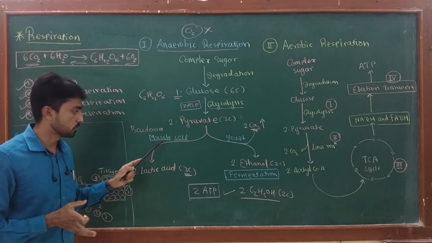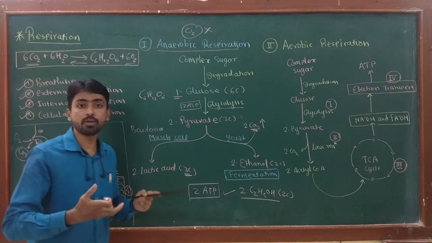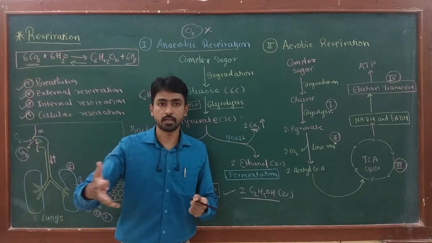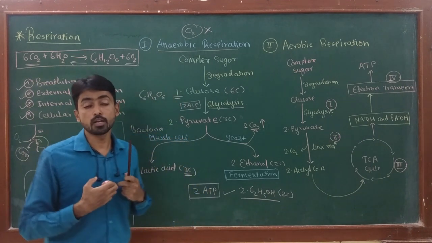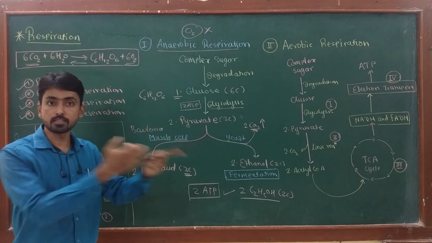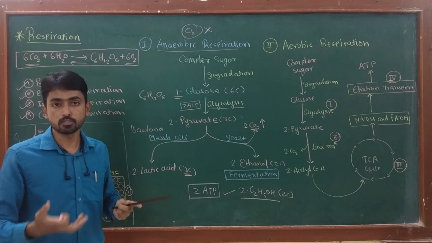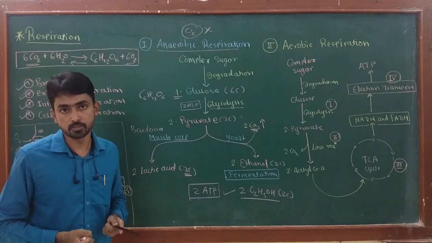The pyruvate converts into lactic acid in lactic acid fermentation in anaerobic condition in the human muscle cell also. We know that when we are doing heavy exercise for a long period of time, like 30 or 40 minutes, at that time blood is unable to deliver sufficient oxygen to the muscle cell, because at the time of exercise, muscle cell requires a high amount of energy.